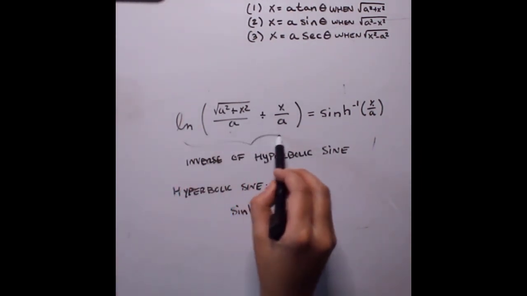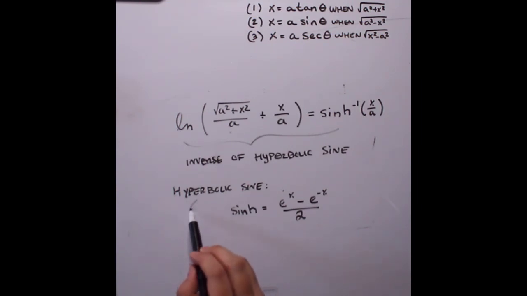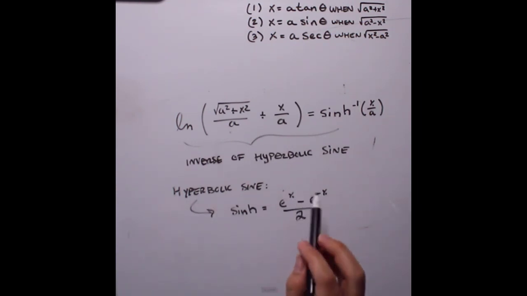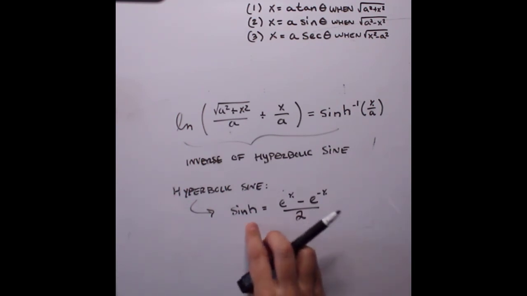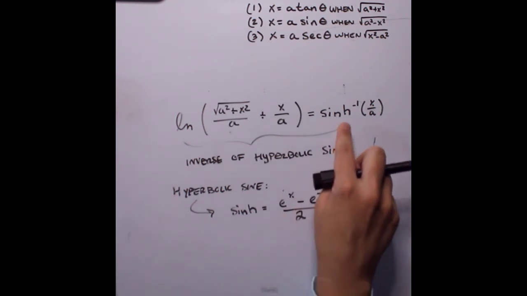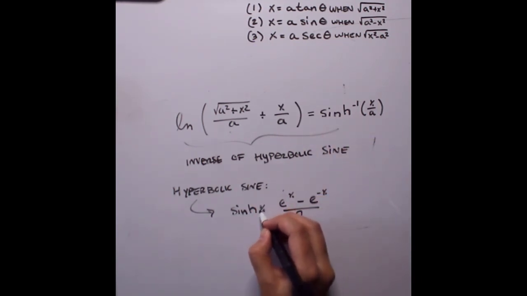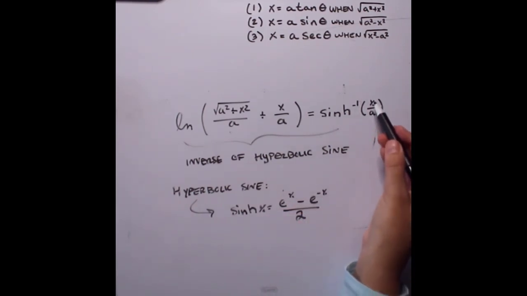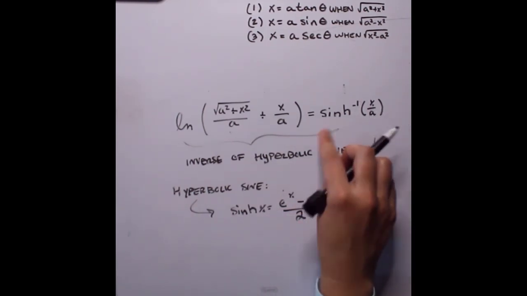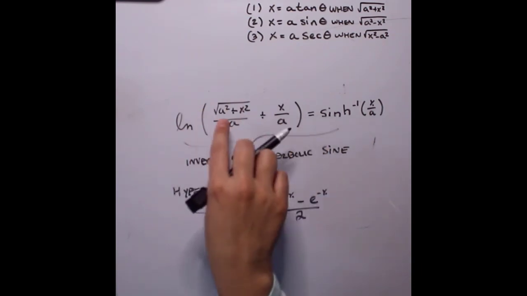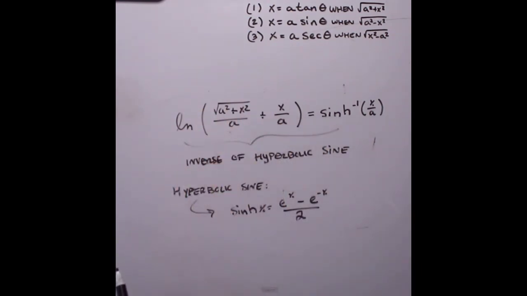I did just want to give this to you because you might come across this in the future. This is a function that sometimes comes up in applications, the hyperbolic sine function. And this happens to be the inverse of it when the argument is x over a, this is the inverse of this function, this answer we had just come up with. So just an interesting side note.